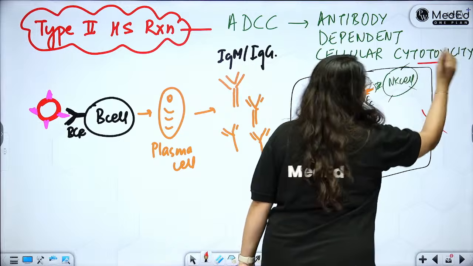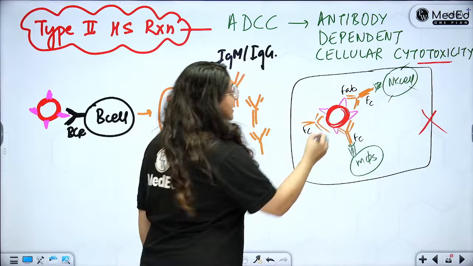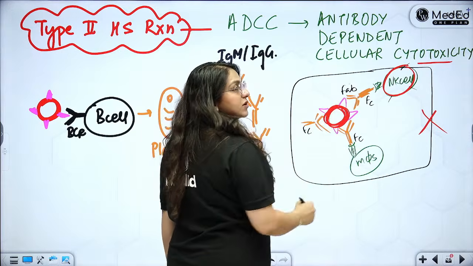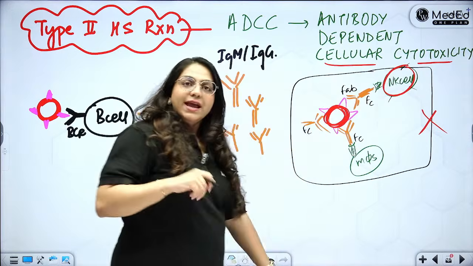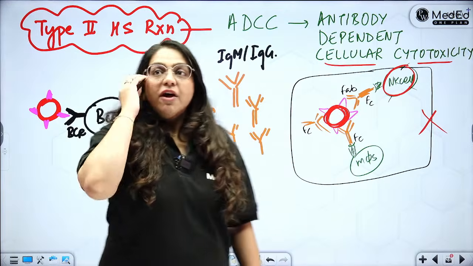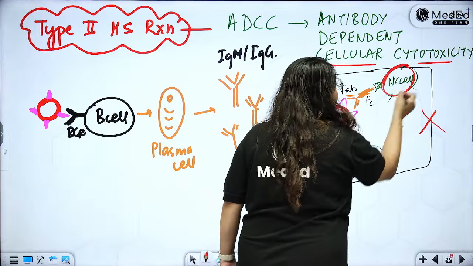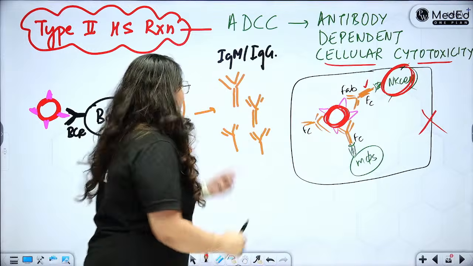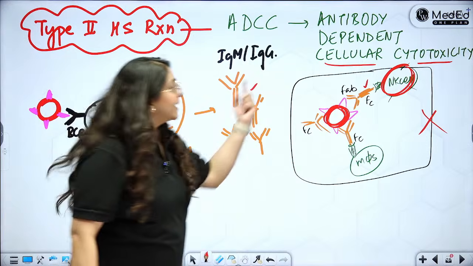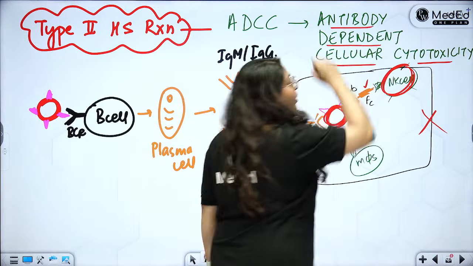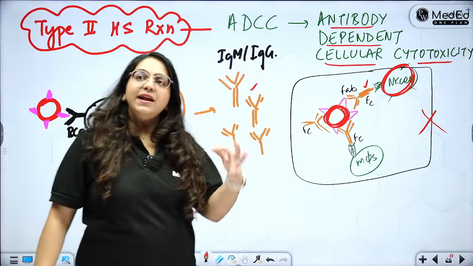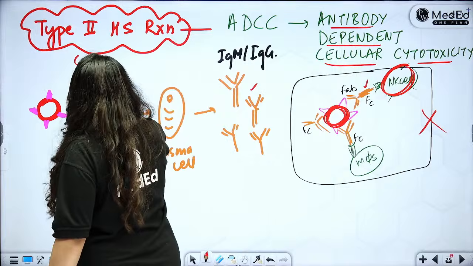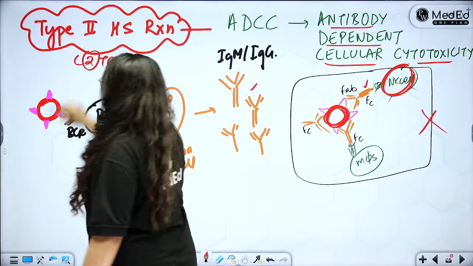So cytotoxicity is happening. Who is killing this cell? This natural killer cell is killing this cell. So the cytotoxicity is cellular cytotoxicity. It is cell-mediated cytotoxicity. Why did this NK cell start to kill? Because this antibody was produced. So this whole killing is dependent on an antibody. So antibody dependent cellular cytotoxicity is the cytotoxic or the type 2 hypersensitivity reaction.